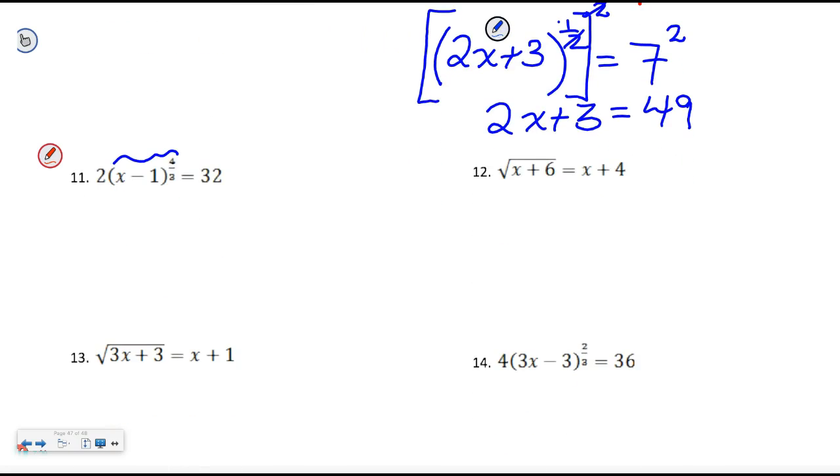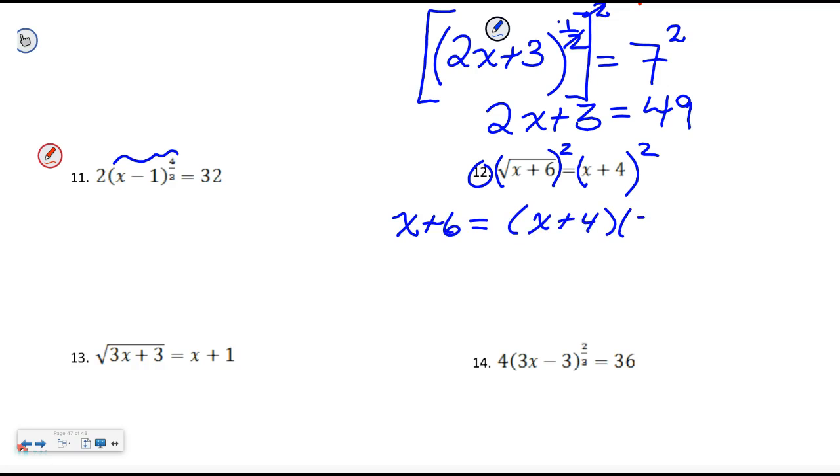So let's go look at number 12. Number 12, the root is isolated, but my x is trapped under it. So the first thing I need to do is pop that square root off. The opposite of square rooting is squaring. It'll pop the root off over on the left, and on the right, you're going to need to FOIL.